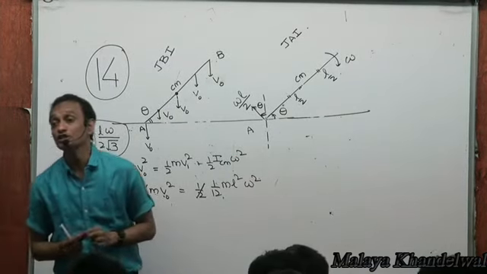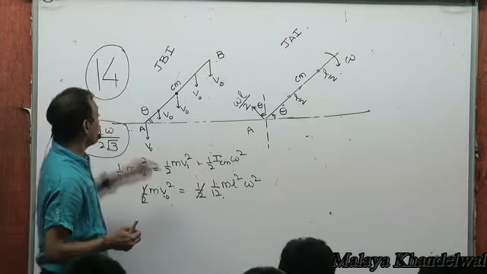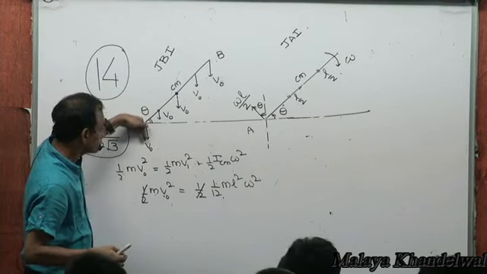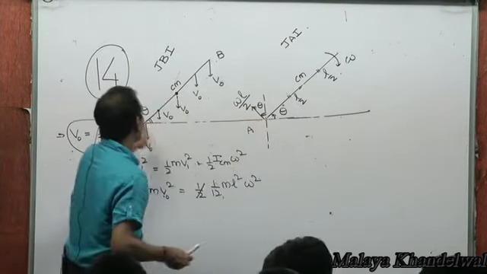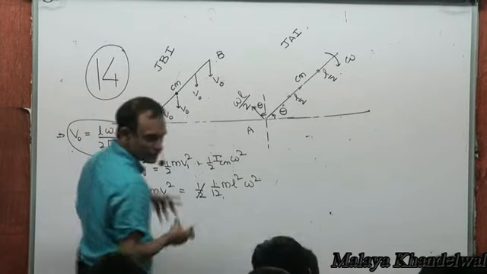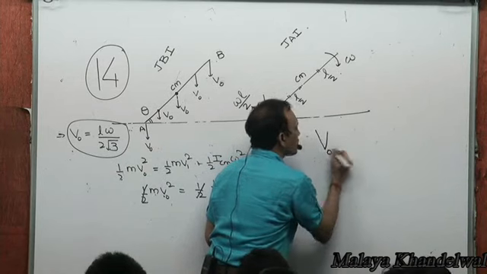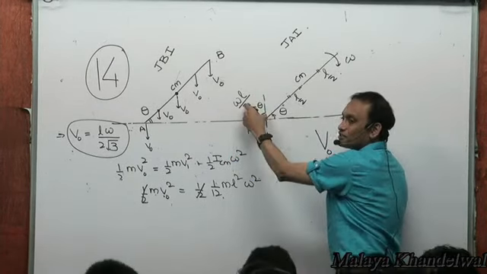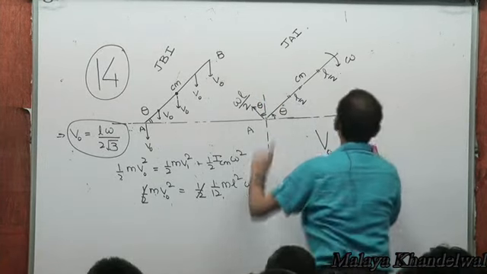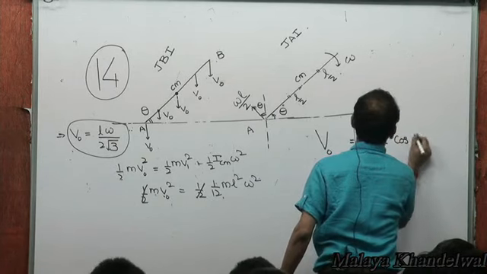The nature of collision is perfectly elastic, right? So relative velocity of approach must be equal to relative velocity of separation along the common normal. What's the relative velocity of approach? V naught. And that must match up with the relative velocity of separation, which is omega L by 2 cos theta, along the common normal.